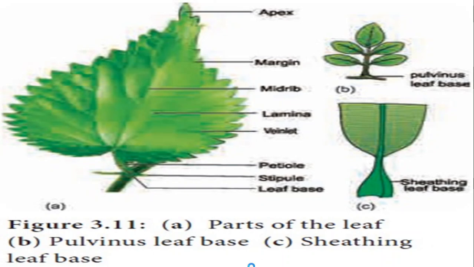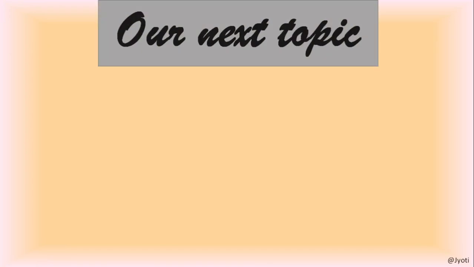So I think all the terms and concepts regarding the modification of leaf and different parts of leaves are very clear to you. In our next session, we'll discuss inflorescence.